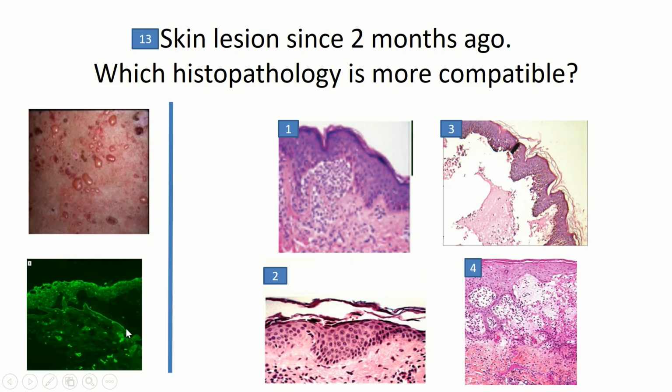Dense infiltration, subepidermal bulla, dominance of floor. These are indicative of lupus erythematosus that is compatible with 1.